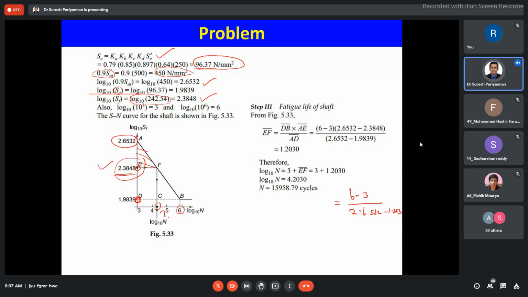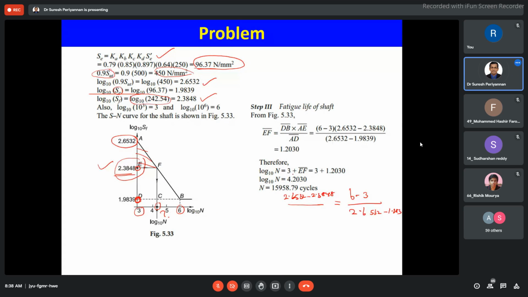Both are similar triangles. The numerator we know, the denominator we don't know: 2.6532 minus 2.3848 divided by this. Up to this we know.